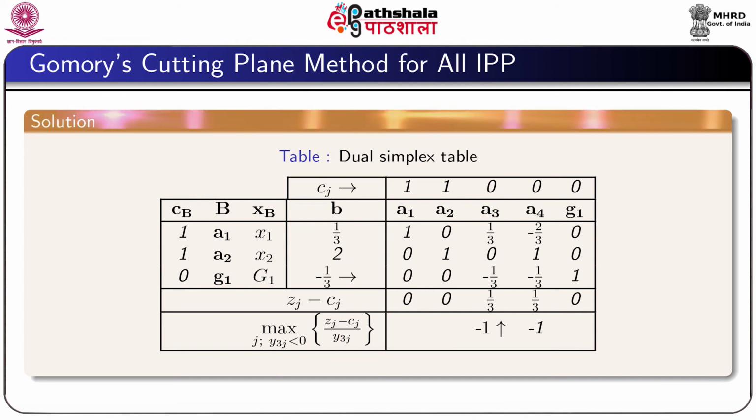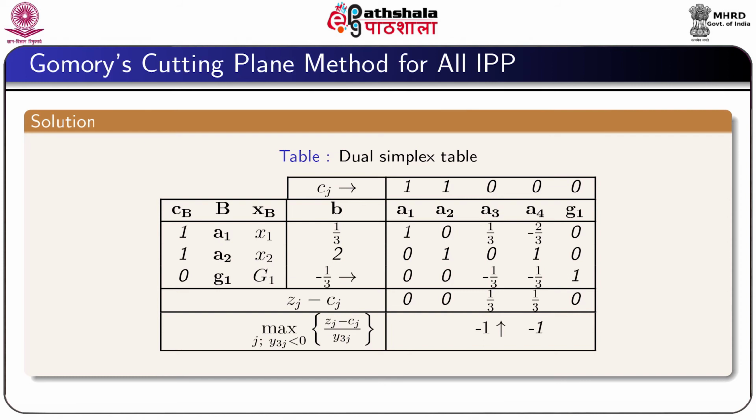And the dual simplex method tells that we have to choose the departing vector first. So, obviously, G1 will be the departing vector, because there is only one negative component.